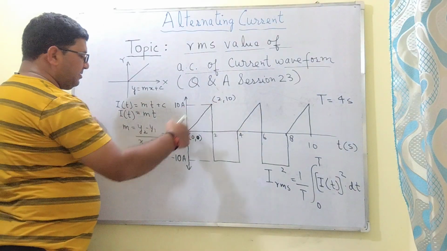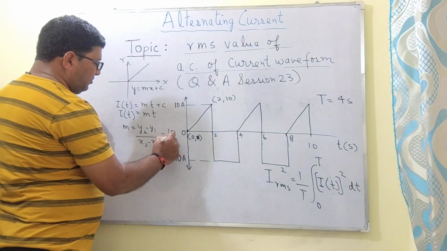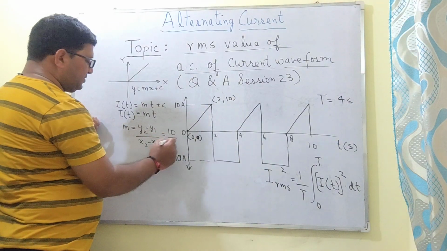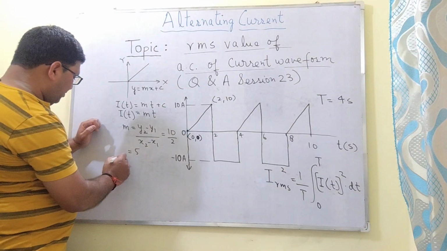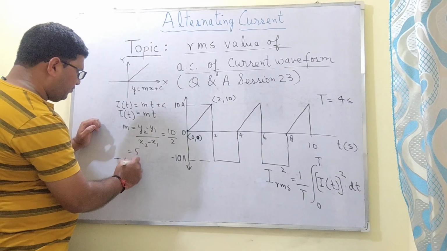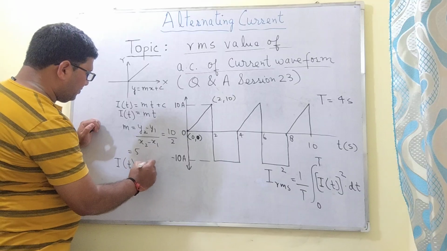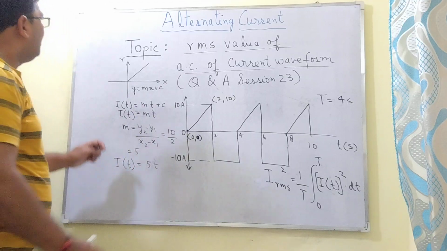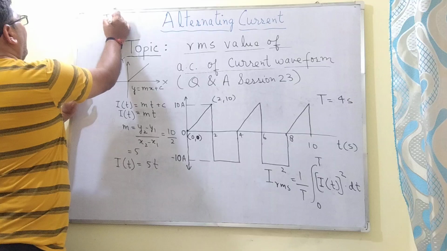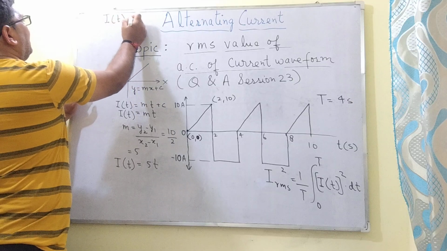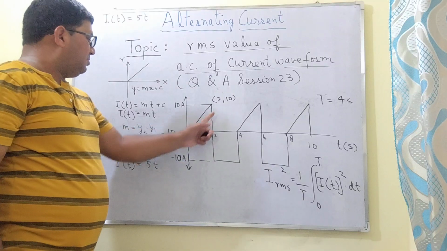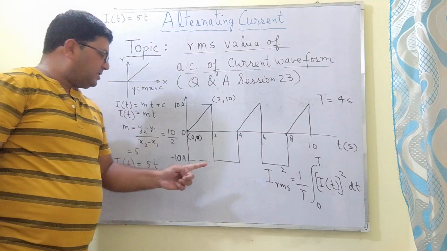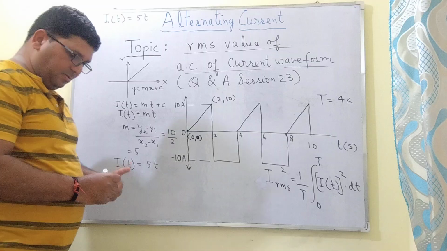So this is equal to 10 minus 0 divided by 2 minus 0, which is equal to 5. So the equation of the instantaneous current from 0 to 2 seconds is equal to 5t. I'm just writing it here.